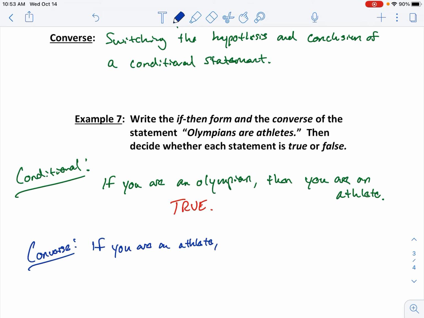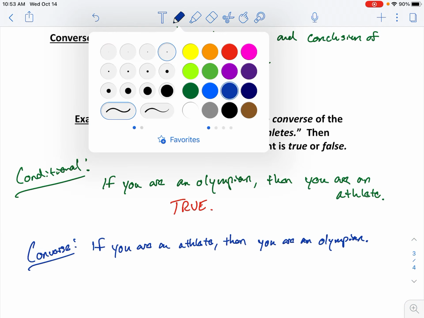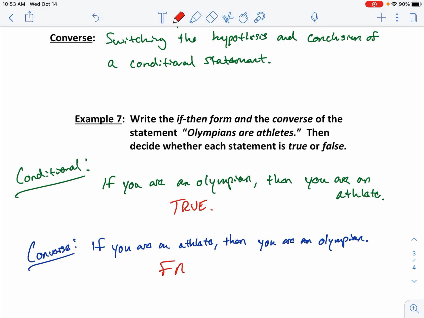I am starting with the original conclusion, and then I'm saying then the original hypothesis, which is you are an Olympian. And you can see with this one, if we're looking at true or false, this one is false.